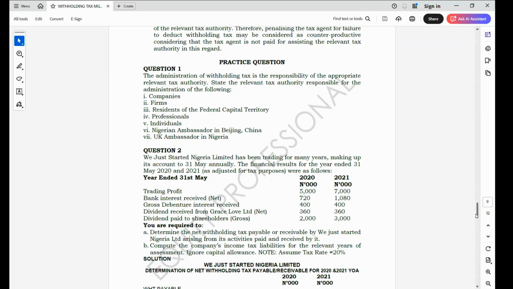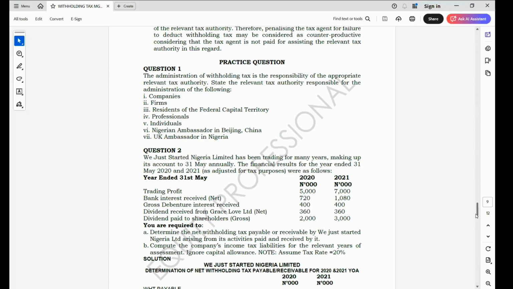The UK ambassador in Nigeria, I think, will be exempted since they have immunity. They are diplomats in Nigeria, so they pay tax to their home country, their country of residence, because they are not residents of Nigeria. They come to Nigeria to foster cordial relationship and trade between their country and Nigeria.